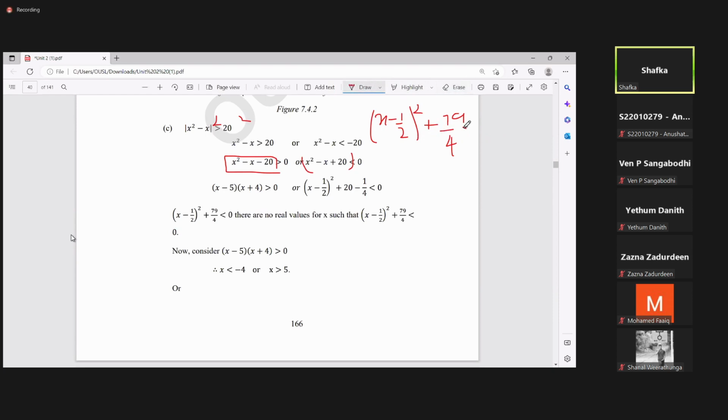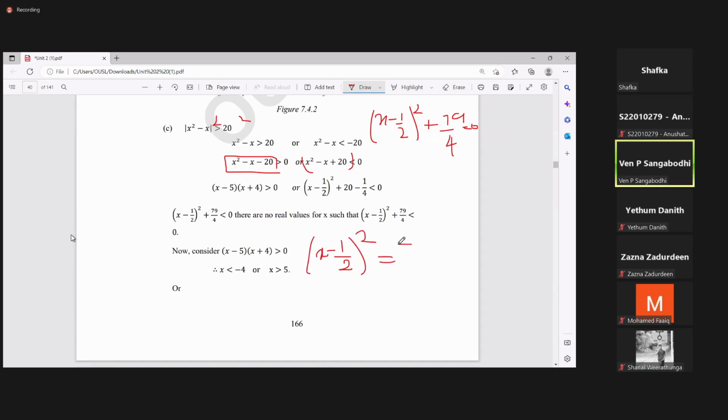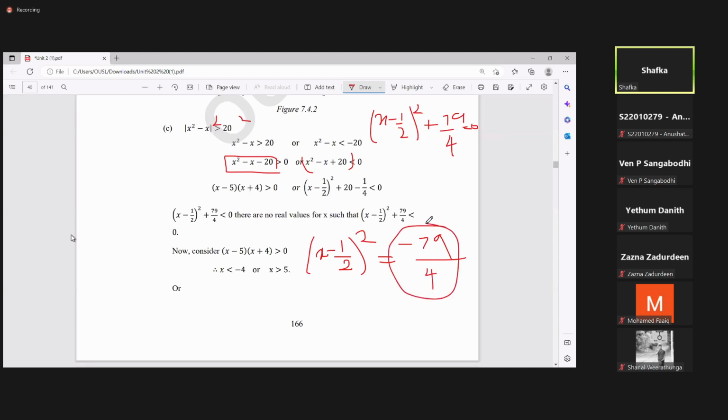Can we have a real solution? (x minus half) whole square is equal to minus 79 over 4. If this is negative, we can't have a real solution. That provides us a complex solution.